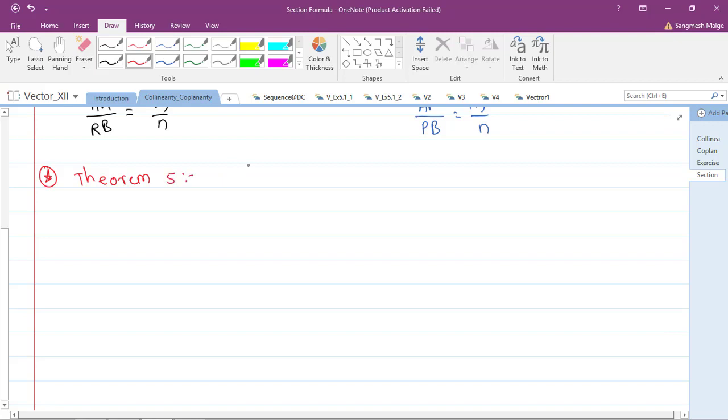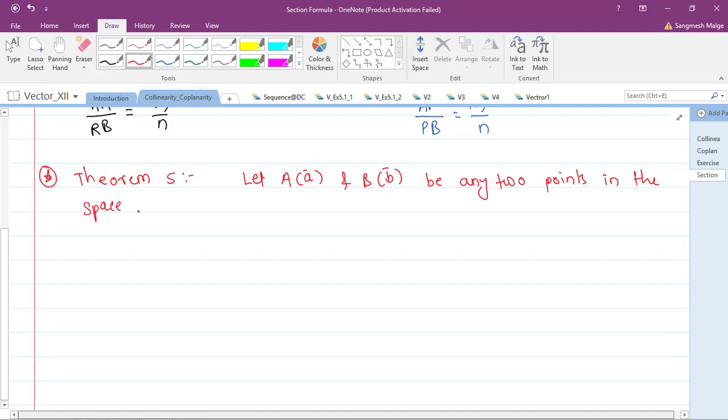Let A with position vector A bar, and B with position vector B bar, be any 2 points in the space.